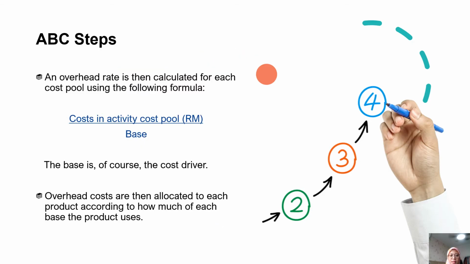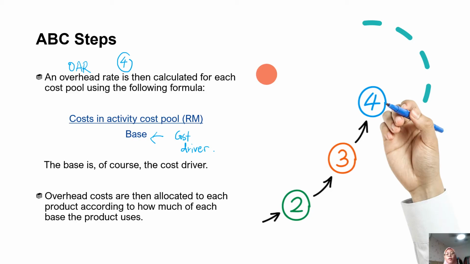Next, the overhead rate is calculated for each cost pool. Overhead rate means OAR. So do you still remember our formula to calculate OAR? It is cost divided by basis. Of course the basis here will be the cost driver.